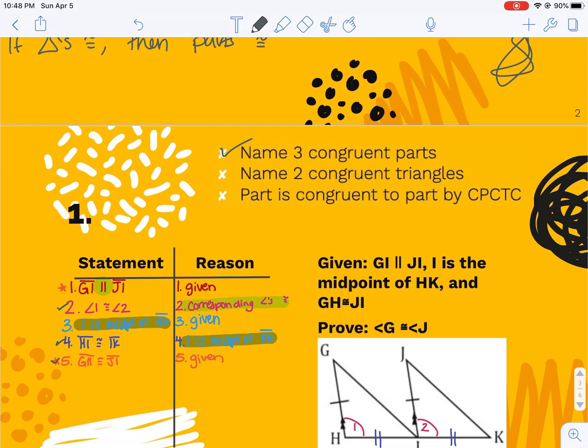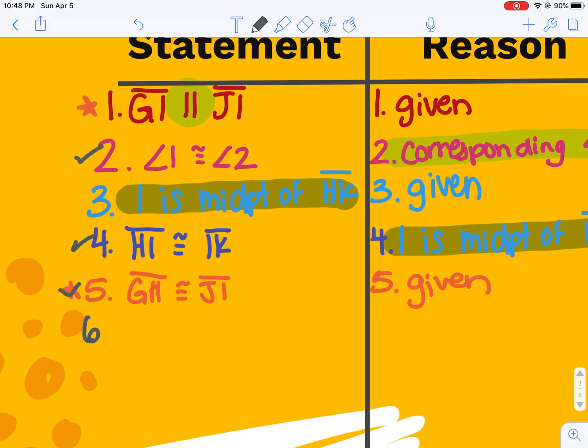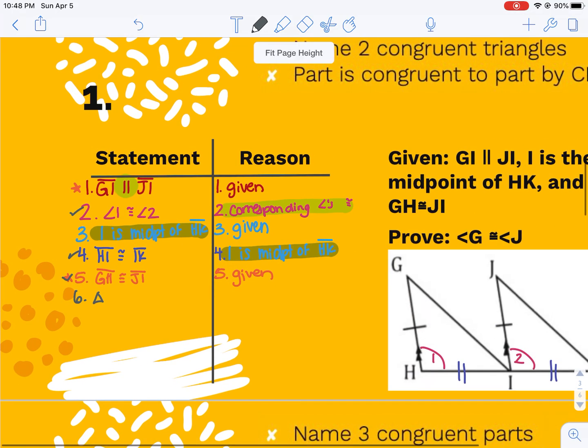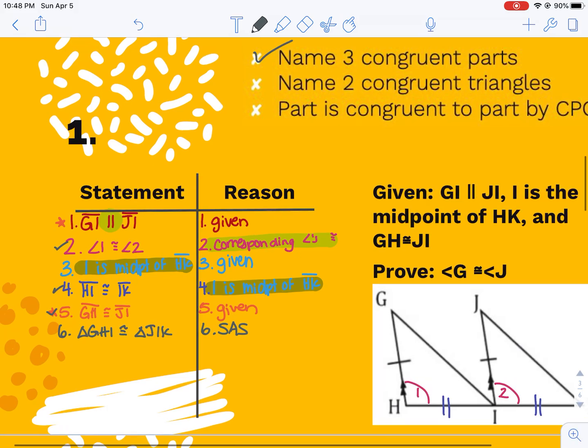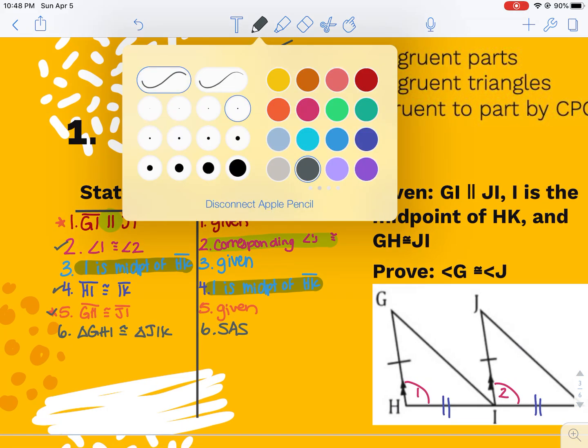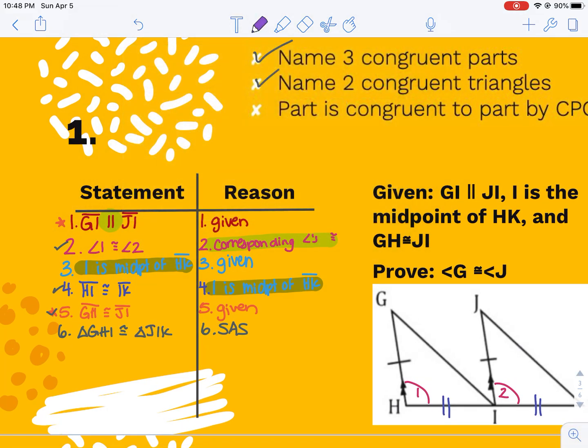So my next step is to say this triangle is congruent to that triangle. So I'm going to say triangle GHI is congruent to triangle JIK. And the shortcut I used was side, angle, side, because the angle that I know is between the two sides. My final step then will be to say that this part's congruent to that part.